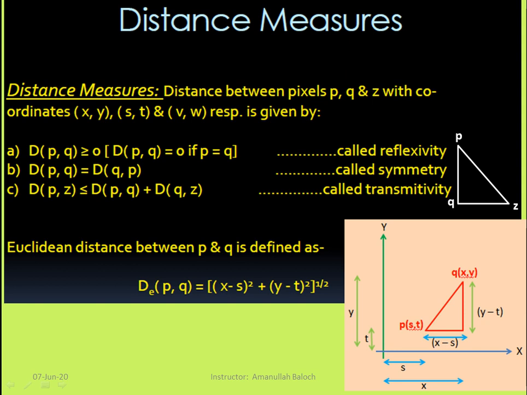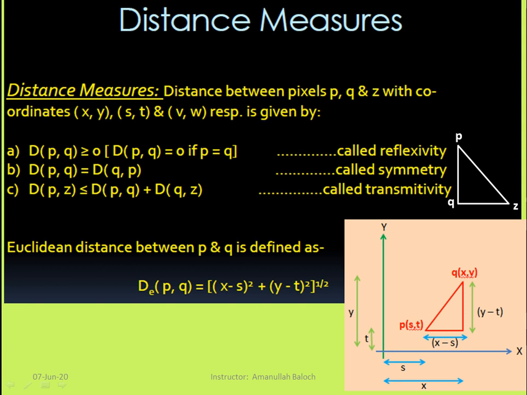The square of the base distance plus the square of the perpendicular distance, and the whole under root, will be equal to this diagonal distance, which is called the Euclidean distance. Now what is this base distance? This is x minus s. How? Let's suppose this pixel is at a distance of s from the origin, from the y-axis.